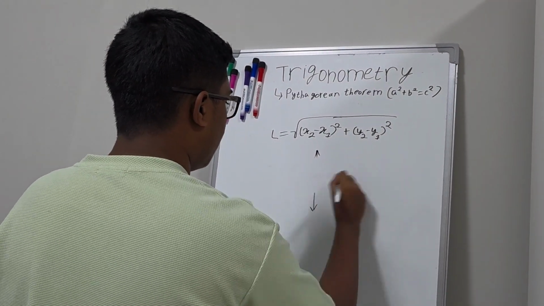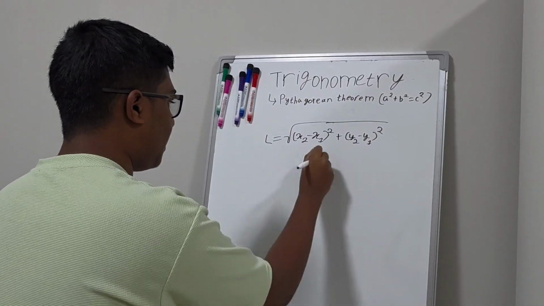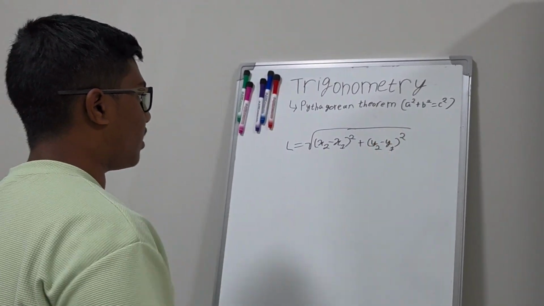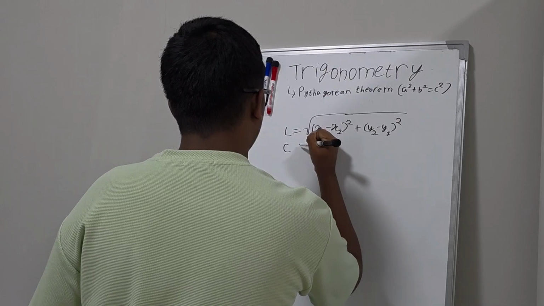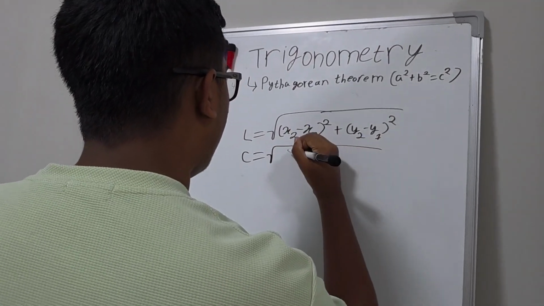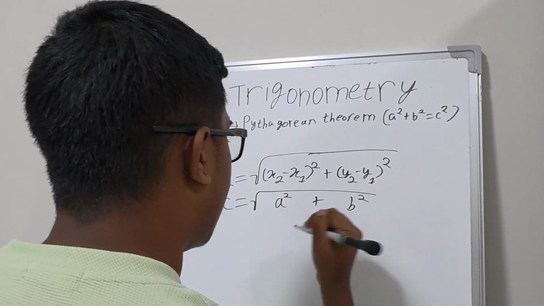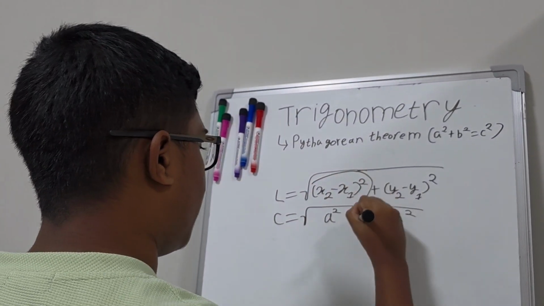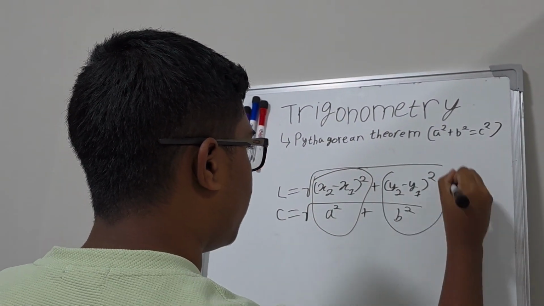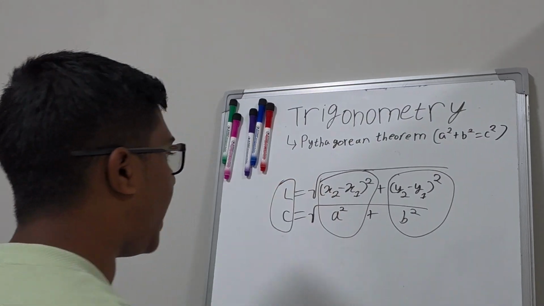So, moving on, you can see that this equation is quite similar to this equation, as in we can match c here and then square root a squared plus b squared. So these two match, these two match, and these two match.